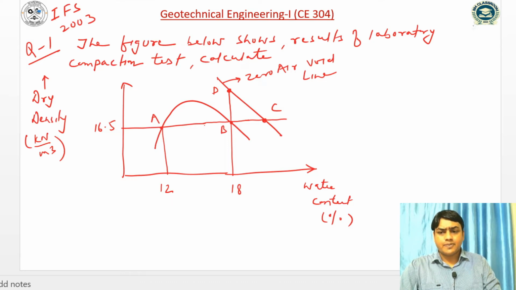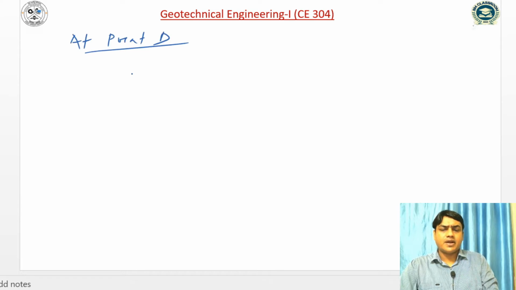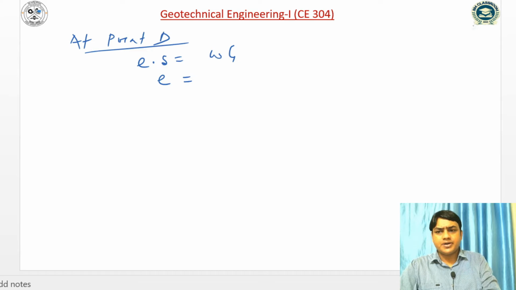So here at point D we can write the equation e into S is equal to w into G. The point D is at the 0% air void line or 100% saturation line, meaning S is equal to unity, and the water content is given.